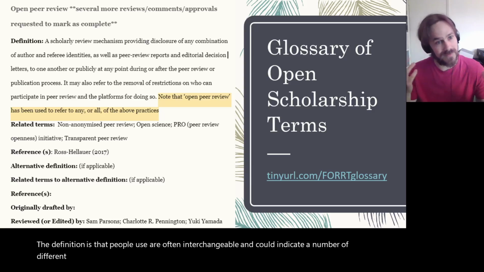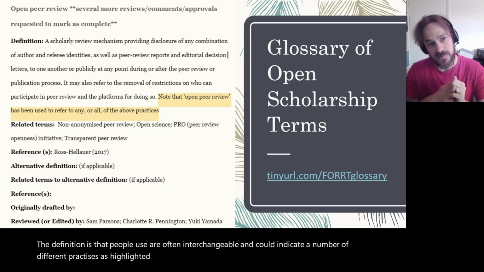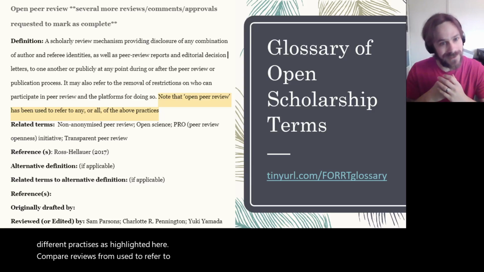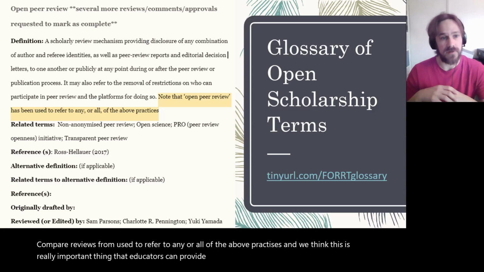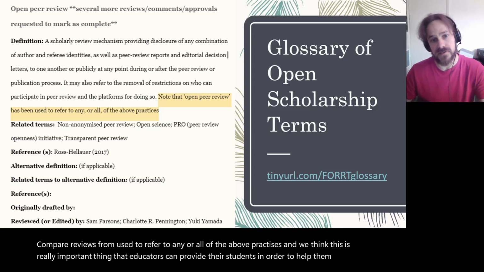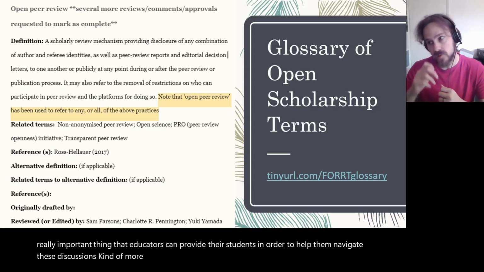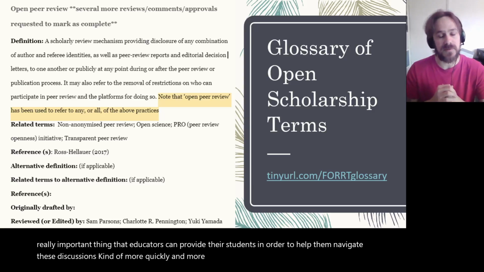As highlighted here, open peer review has been used to refer to any or all of the above practices. And we think this is a really important thing that educators can provide their students in order to help them navigate these discussions more quickly and more efficiently during their own experience.